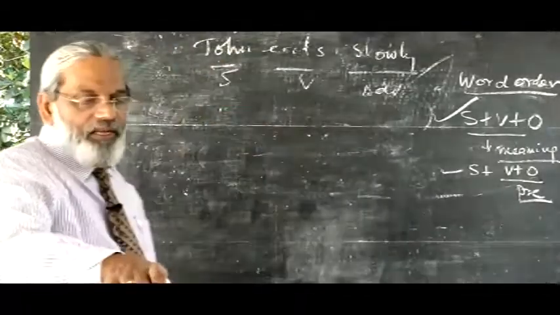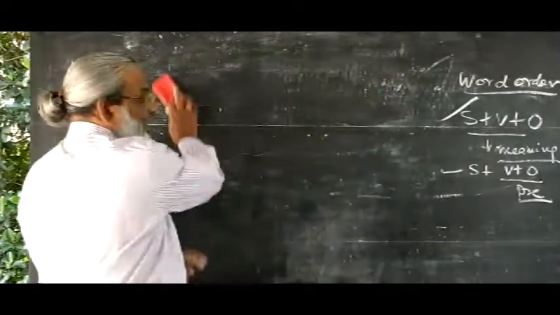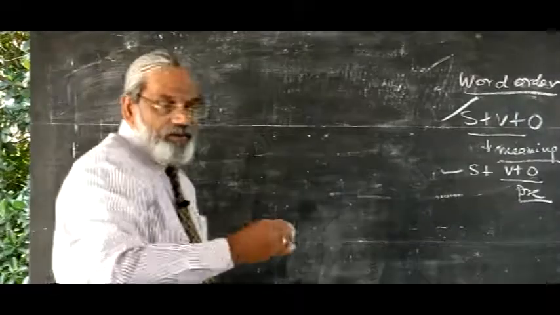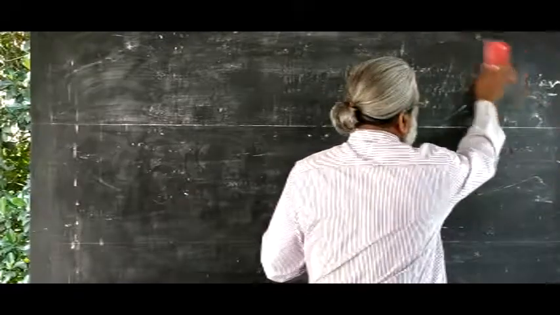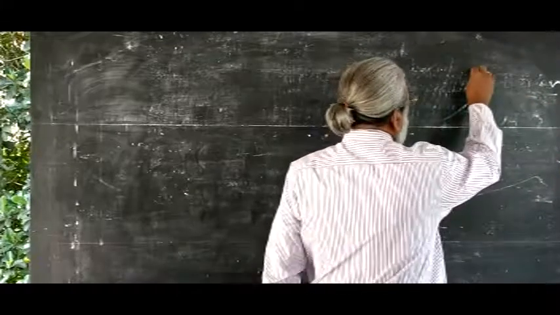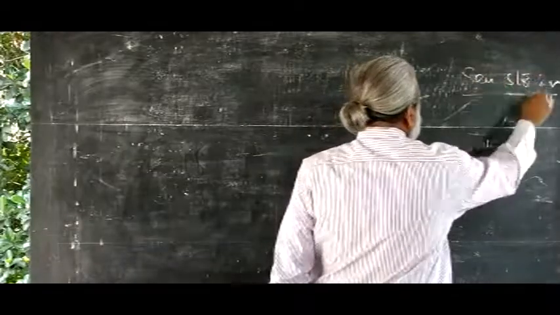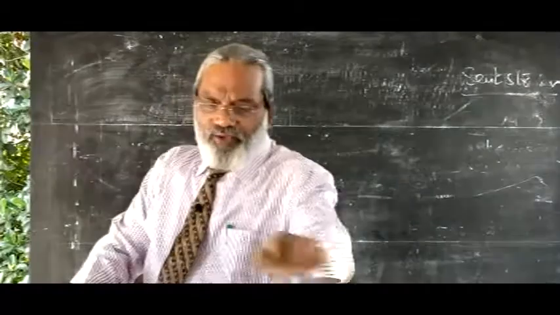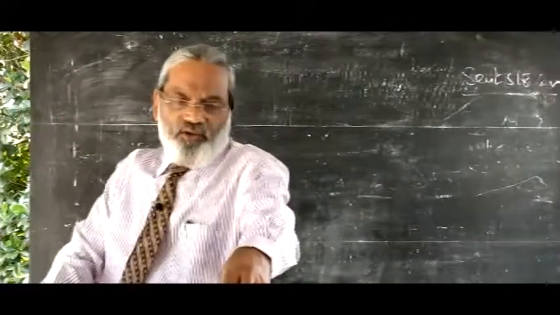Then we move to the second part of lesson number 8, where you will get sentence structure. We taught this area to you in great detail in the last class.